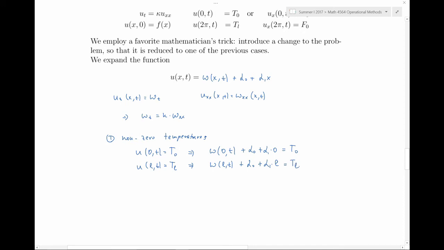We can cleverly choose alpha naught and alpha 1, and we get that w at the endpoints has to satisfy 0 endpoint conditions.